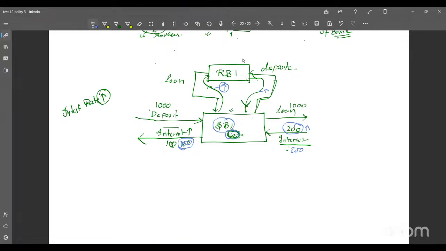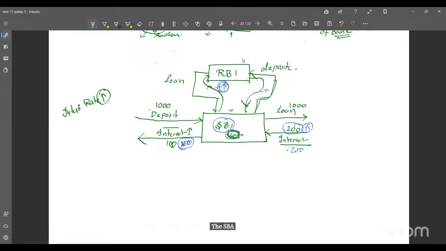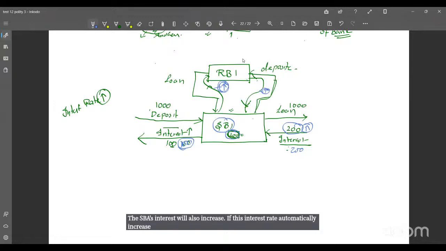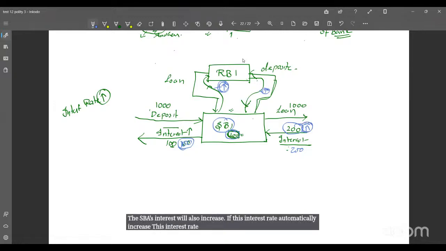Are you getting the point? So if RBI's interest increases, the SBI's interest will also increase. If this interest rate increases, this interest rate will also automatically increase.